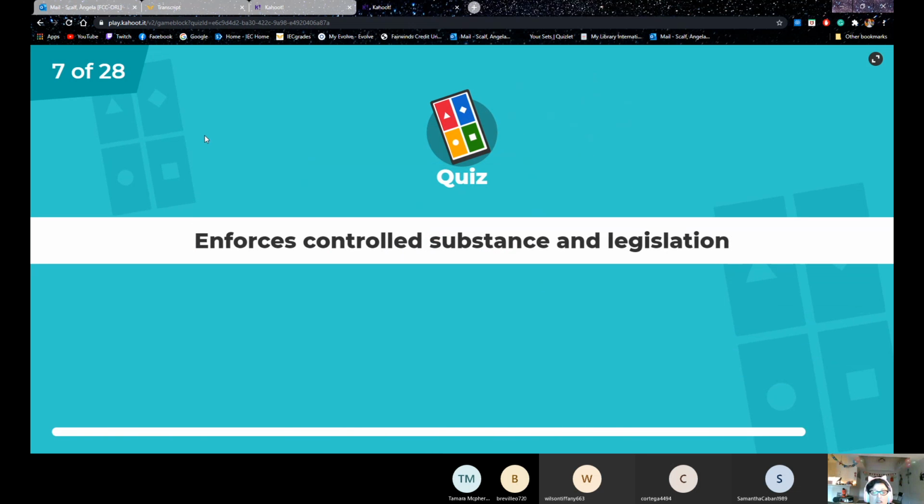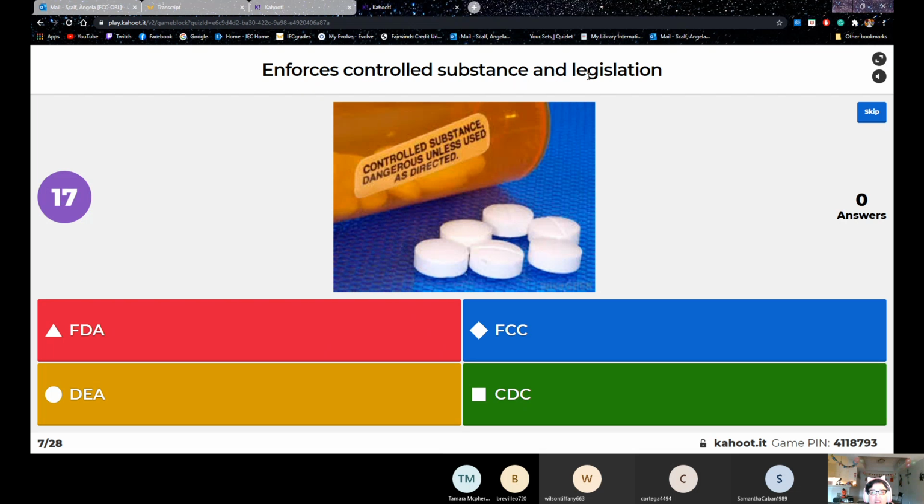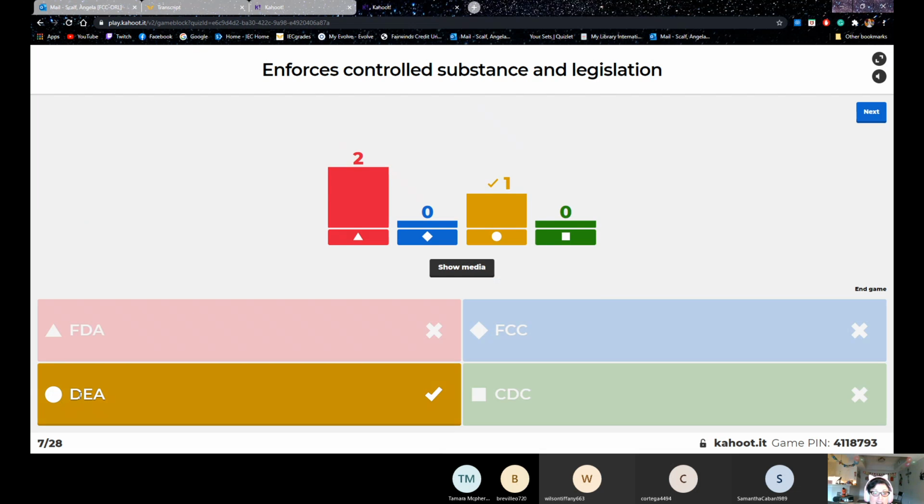And who enforces controlled substance legislation? Good, the DEA. The DEA stands for what? Drug Enforcement Agency. The FDA is the Food and Drug Administration.